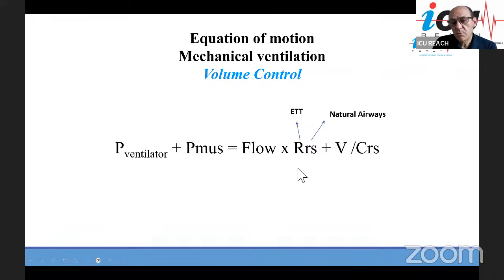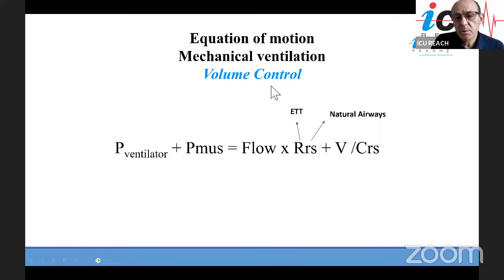And the resistance, once we intubate the patient, would be number one, the ET tube, and number two, the natural airways, the trachea and the bronchi. And this is the resistive work that the patient or the ventilator needs to overcome. And then there's elastic work that needs to be done by the ventilator or the patient, and it is related to the volume that is set or delivered and the respiratory compliance.